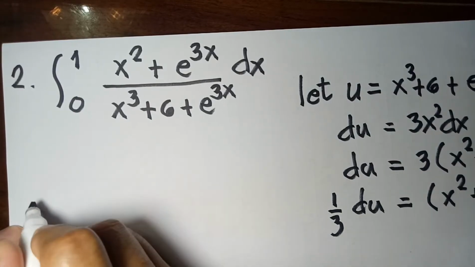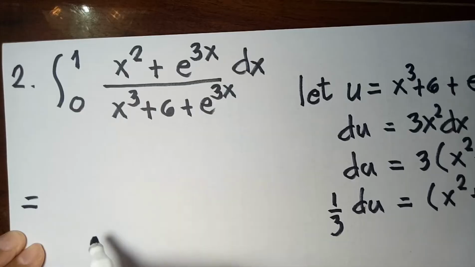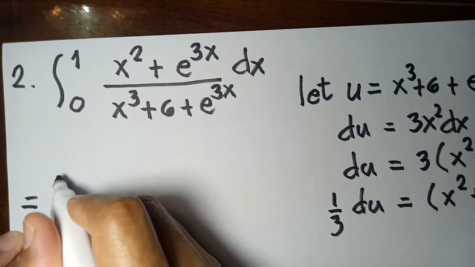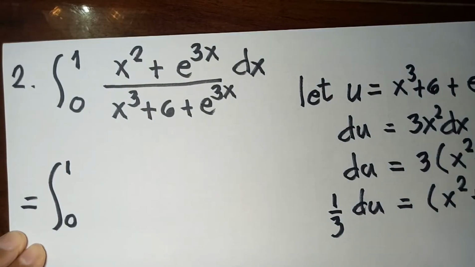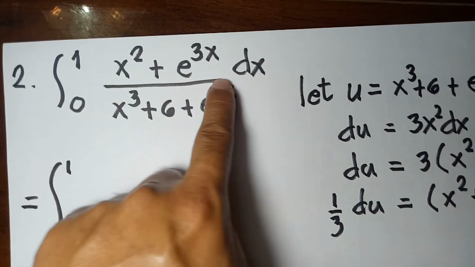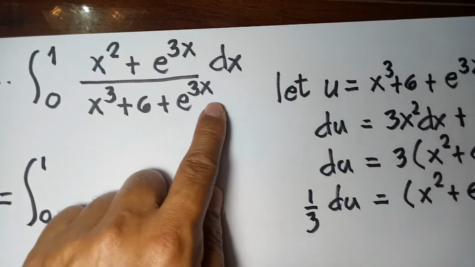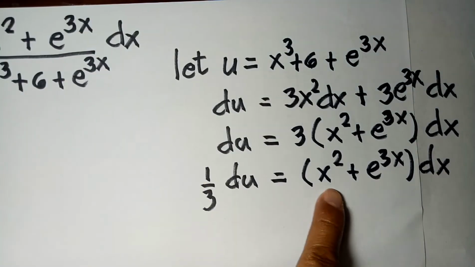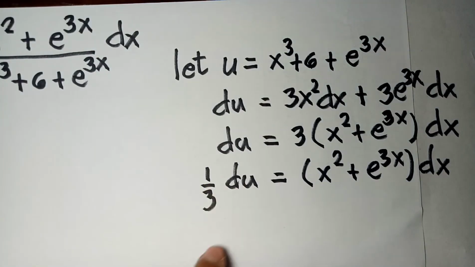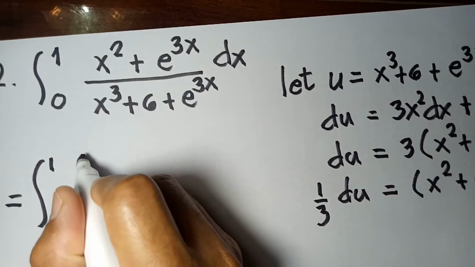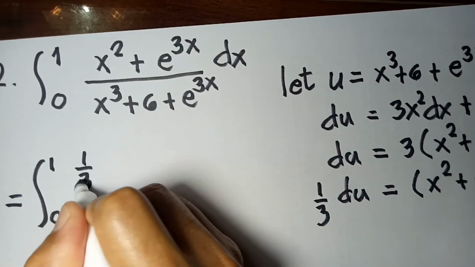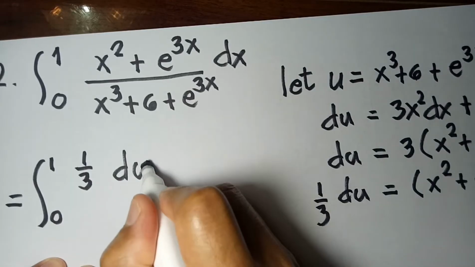Okay, so after that, let us write the problem in terms of u. So we have integral from 0 to 1. So x squared plus e raised to 3x dx is equal to 1/3 du.